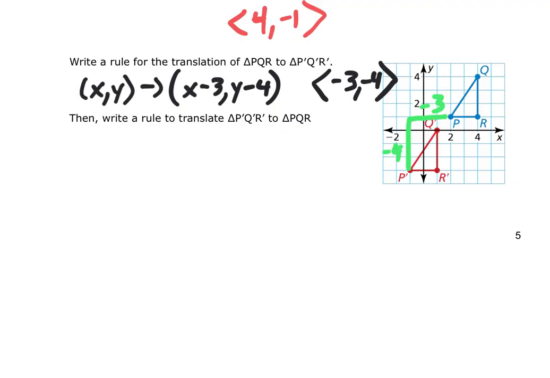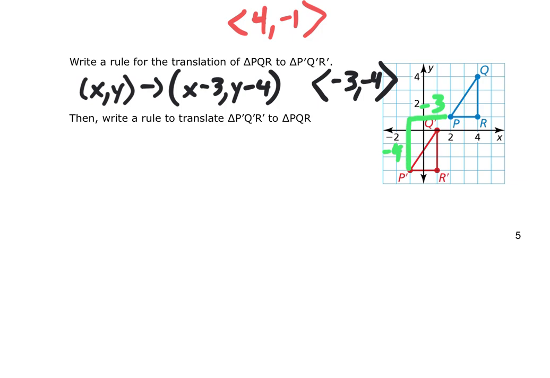Now, all that's happening on the second one here is we're going from the red to the blue graph, or triangle. So guess what happens with my numbers? If I was going to go from P prime to P, what direction would I move first? Right. So I'm going to move right 1, 2, 3. And then I'm going to move up 1, 2, 3, 4.